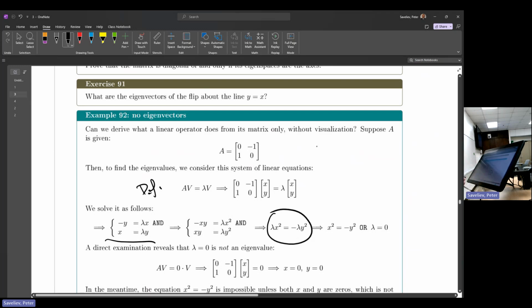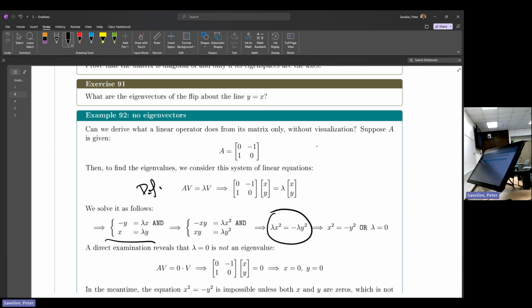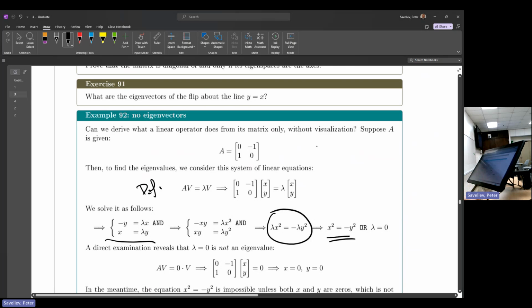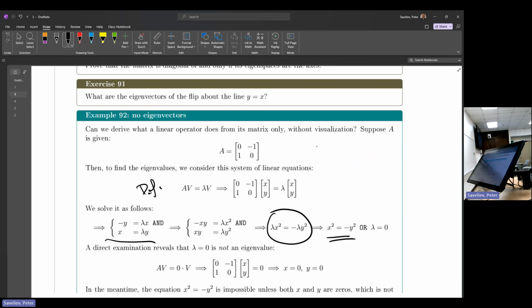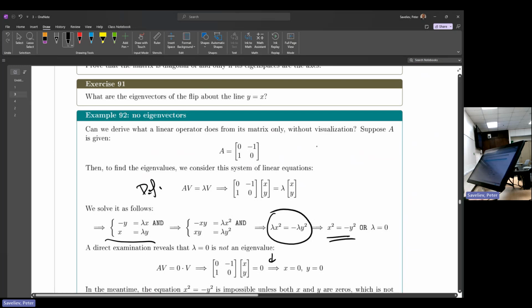Unless lambda is equal to 0, these two cannot be equal to each other, because x squared and -y squared can never equal each other unless both of them are zeros. One is negative, the other one is positive, so that cannot happen, which means that lambda has got to be equal to 0, but it is not. If we just substitute, that simply does not work out.